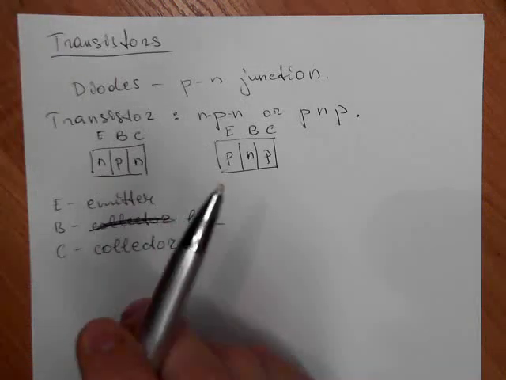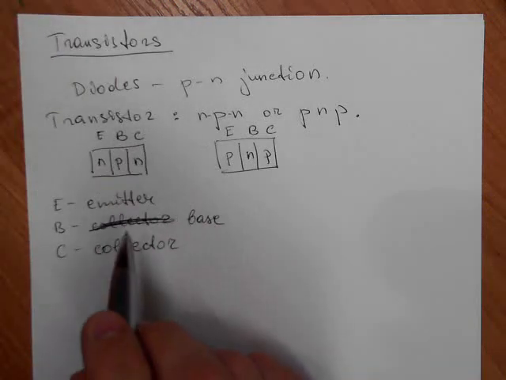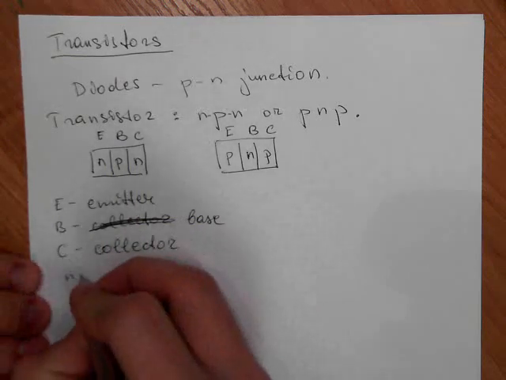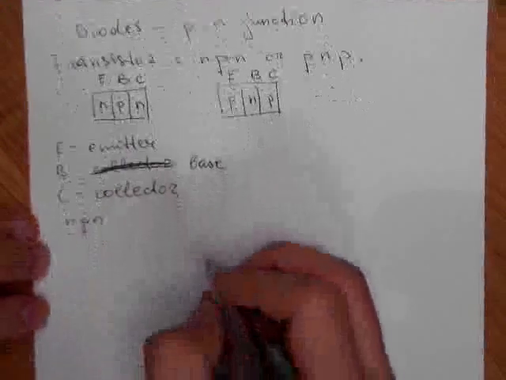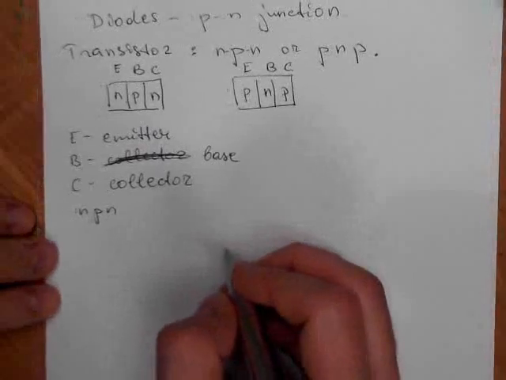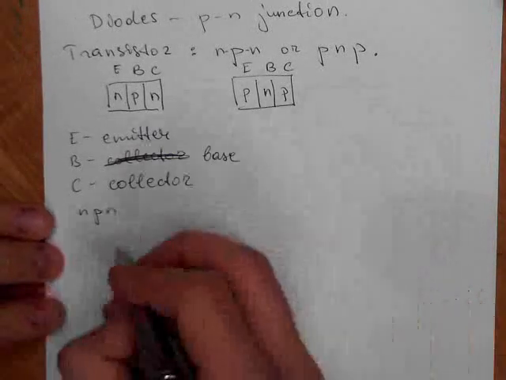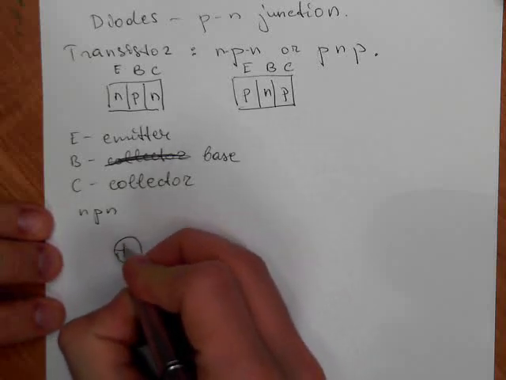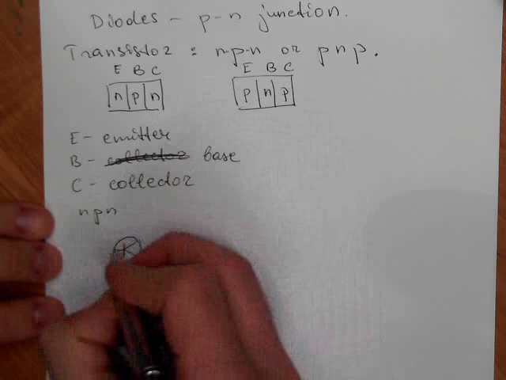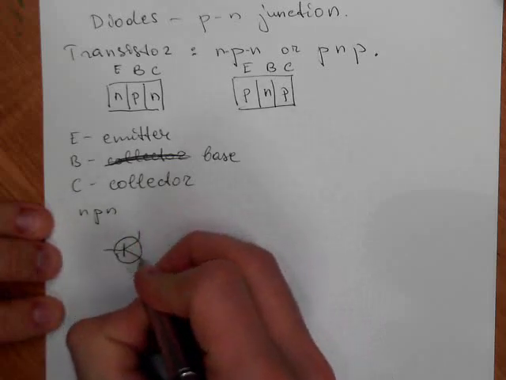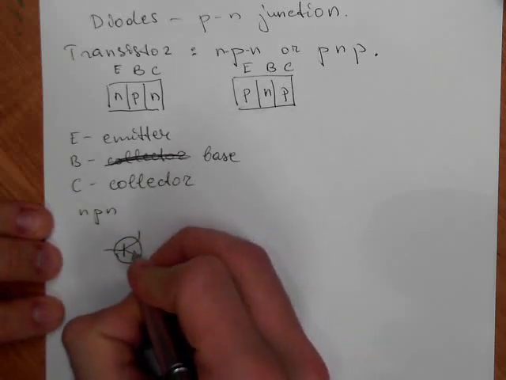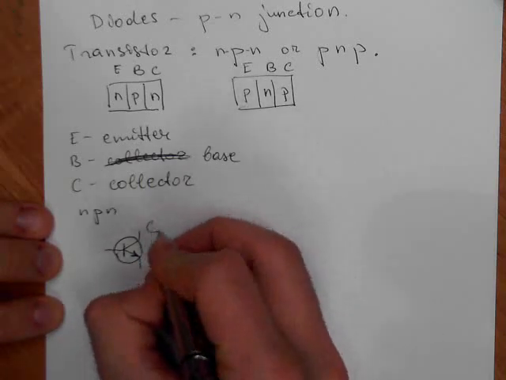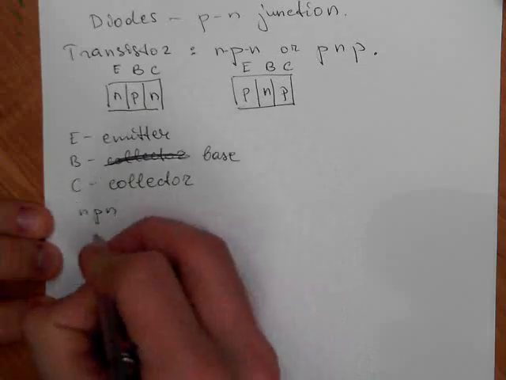So an NPN transistor in a circuit is represented with this notation. This is an NPN transistor with the arrow pointing out, with collector, emitter and base terminals.